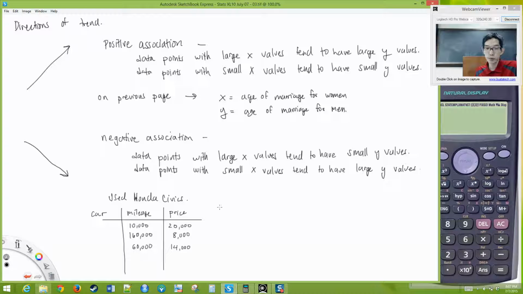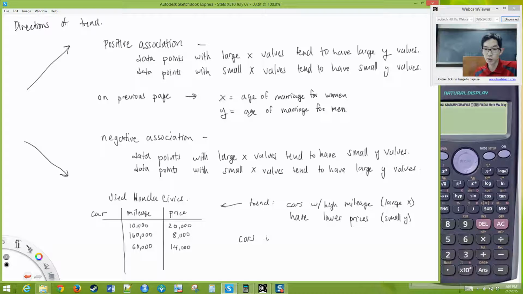So we see an overall trend: cars with high mileage, so high x value, or large x, have lower prices, small y. And just the opposite, right?